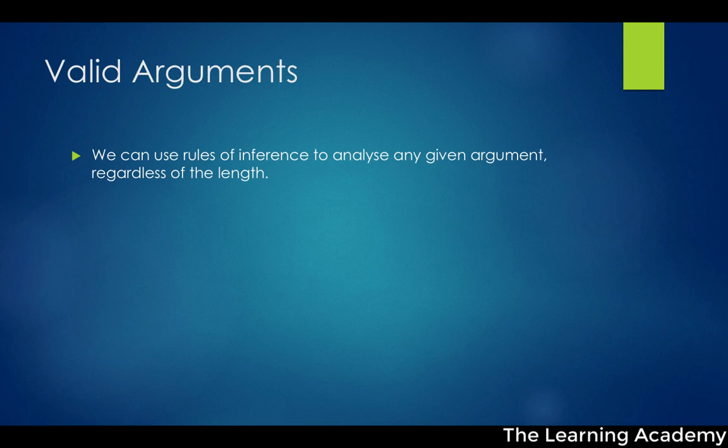We can use what we call inference to analyze any given argument, regardless of the length of an argument. So this is really a way to look at how we structure an argument.